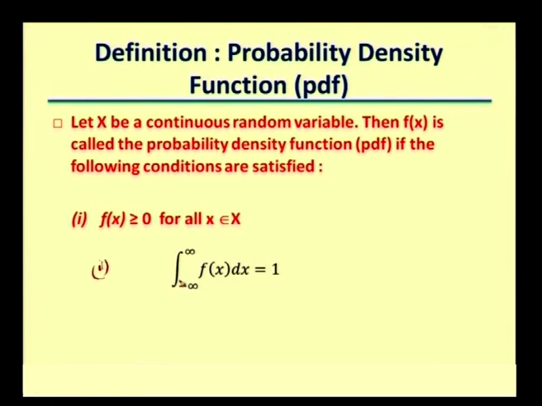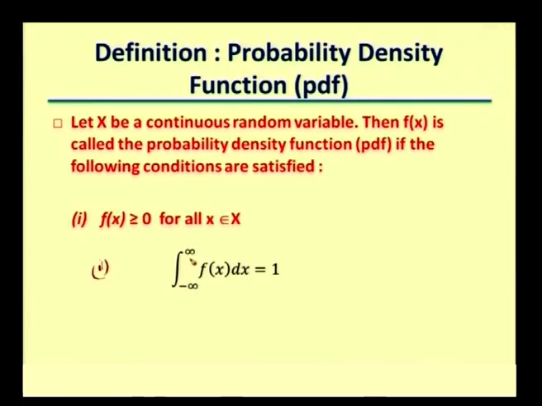If it is discrete and countable, finite, you can add. If it is continuous and uncountable, you have to definitely integrate. So integrating from minus infinity to plus infinity, f of x dx is equal to 1. This is the second condition which mentions total probability is equal to 1.